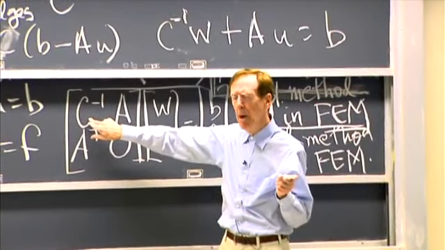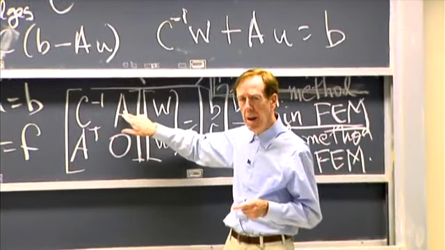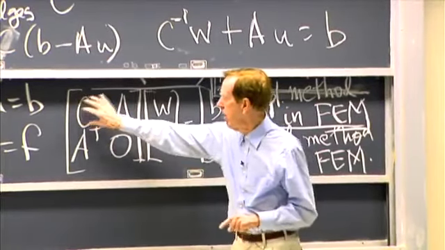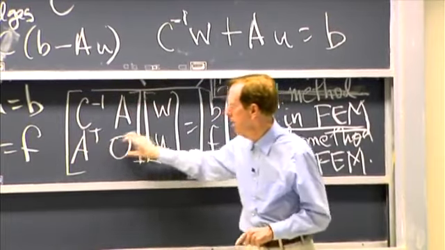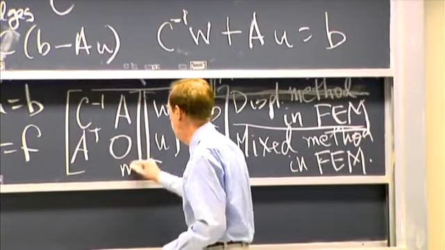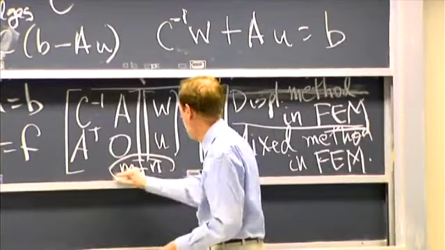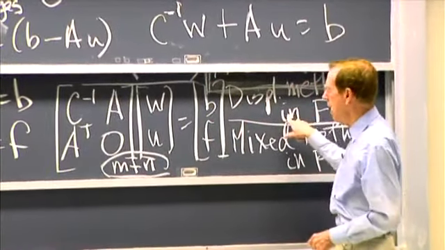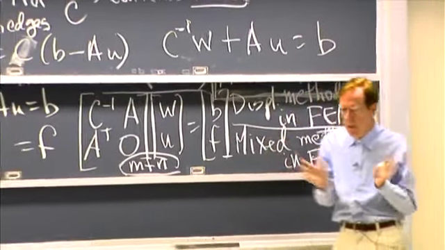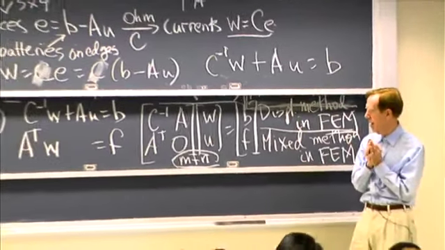M by N. What's the size of A? M by N. So what do I have here? I've got M rows and M plus N columns, and there's N more rows. It's of size M plus N. It's got the N U's and the M W's, of course, M plus N, the natural size.